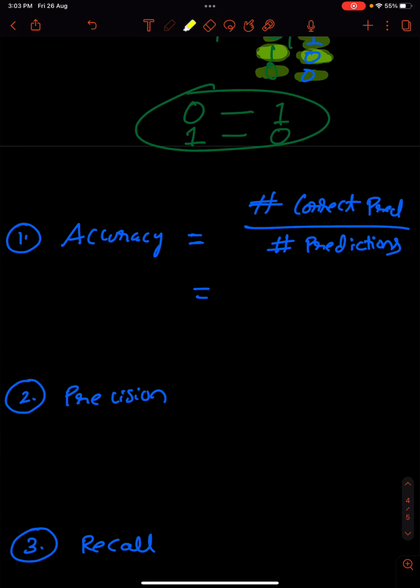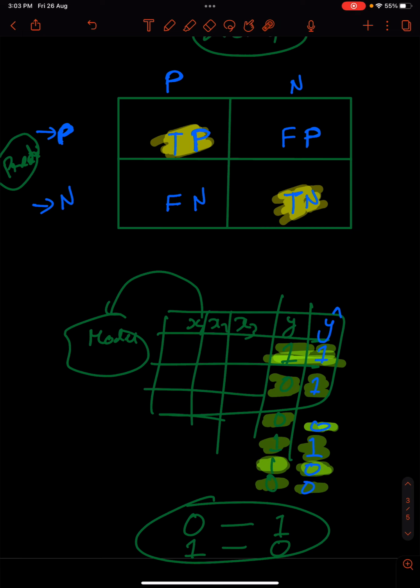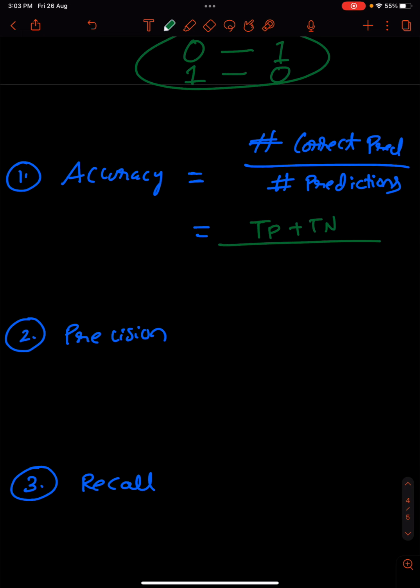So that is true positive plus true negative divided by total number of predictions. The total number of predictions would be this plus this plus this plus this, right? So I'll write it as true positive plus true negative plus false positive plus false negative. So this is simply the formula for accuracy.